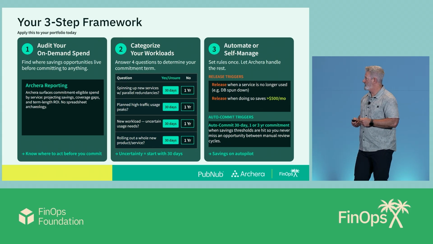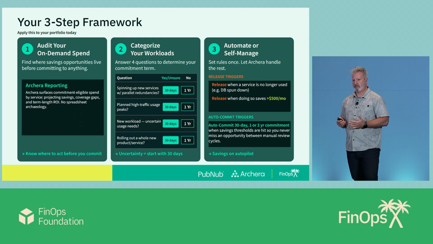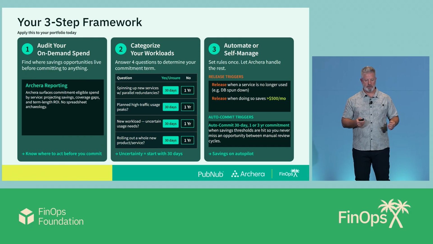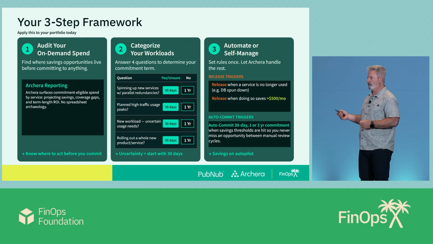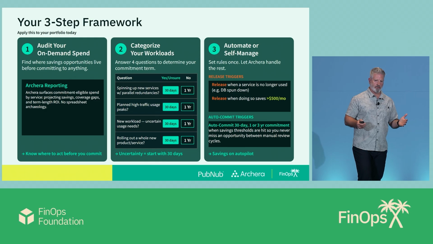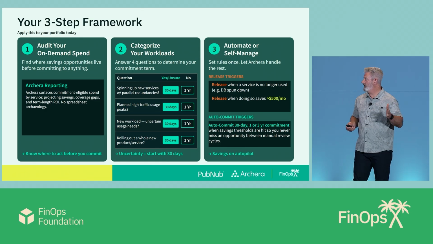Things evolve, and when you're able to have the system automatically monitor when databases go down and utilization goes to 0, you can set rules in these tools to automatically sell some of these shorter term commitments.